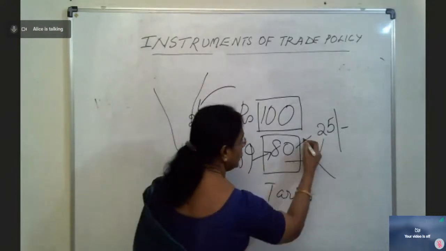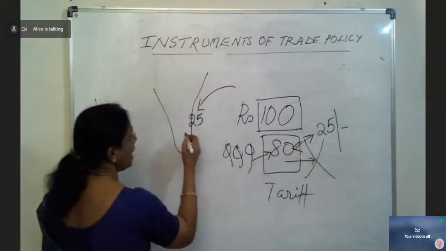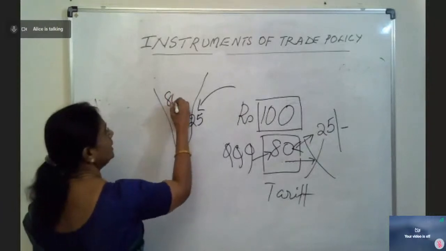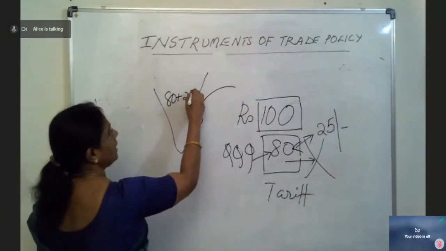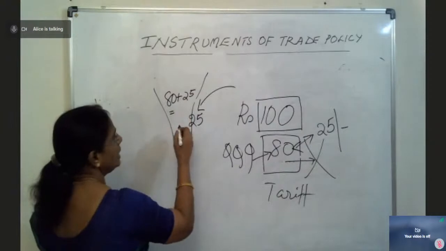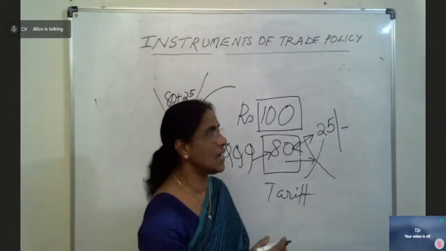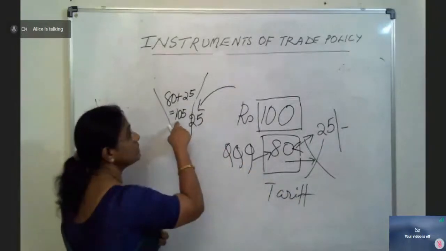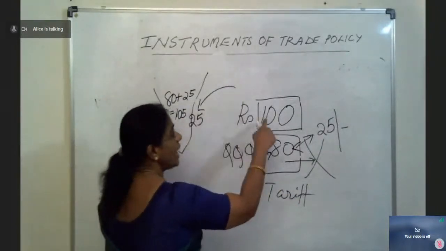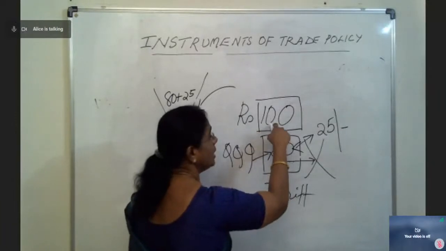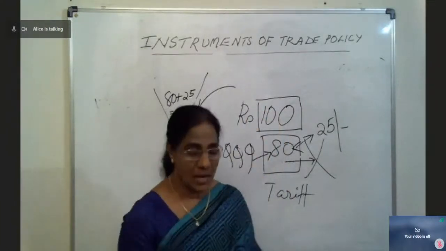And so, when the good comes in, it is no more 80 rupees, it is 80 plus 25 rupees. The relative price of the good becomes more. It is 105. Now, this good which is 105 has to compete with our import competing industry.